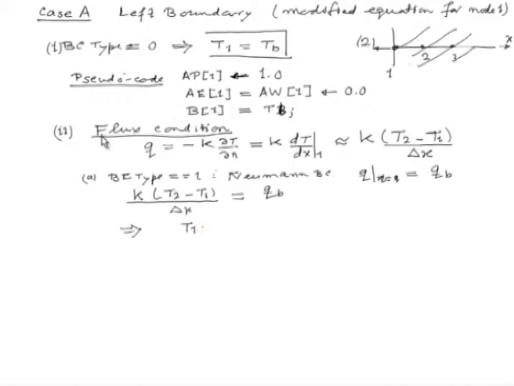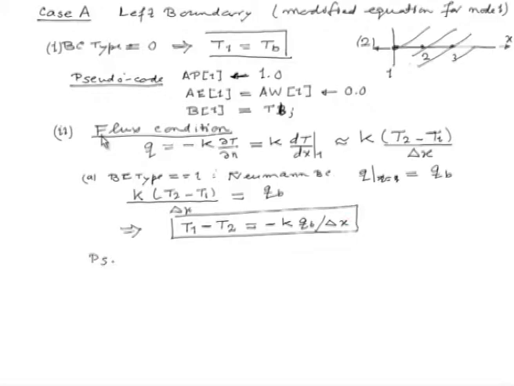T1 minus T2 is equal to minus k times QB divided by delta x.